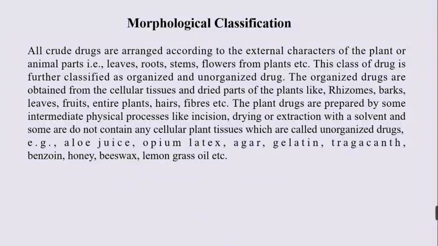The organized drugs are obtained from the cellular tissue and dried parts of the plant such as rhizomes, barks, leaves, fruits, and also plant hairs, fibers, etc. These drugs are prepared by some intermediate physical processes such as incision, drying, or extraction with a solvent. Some do not contain any cellular plant tissues, and are known as unorganized drugs, with examples such as aloe juice, opium latex, agar, gelatin, tragacanth, benzoin, lemongrass oil, etc.